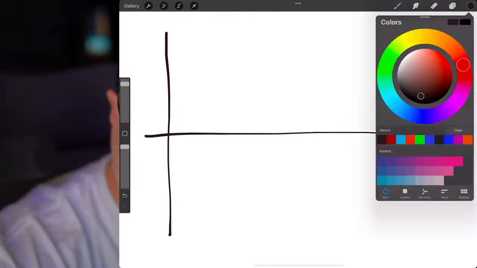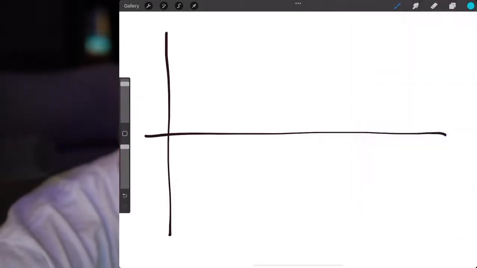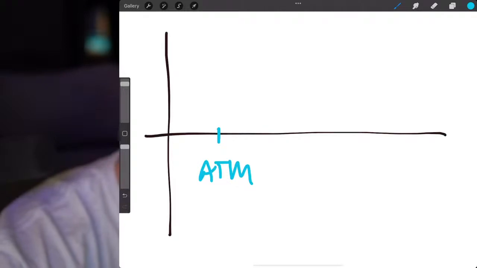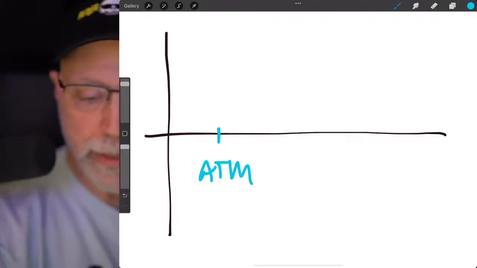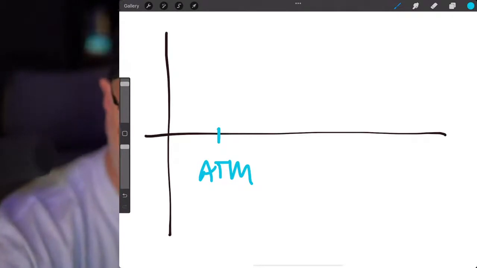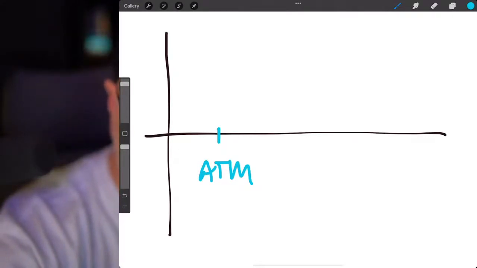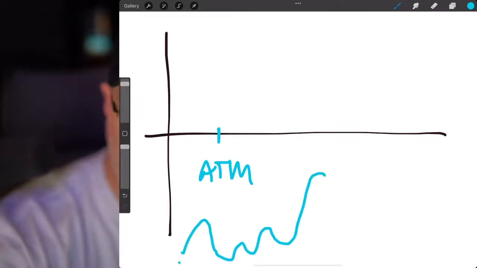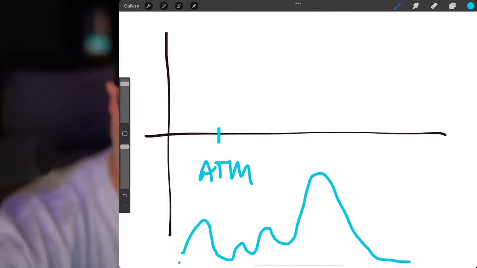All right, and we'll look at a standard. Let's say that we're right here. This is at the money. And after examining the market structure, the volume profile, we might have, I don't know, a profile that looks like this, and then there's a big node right here, right?